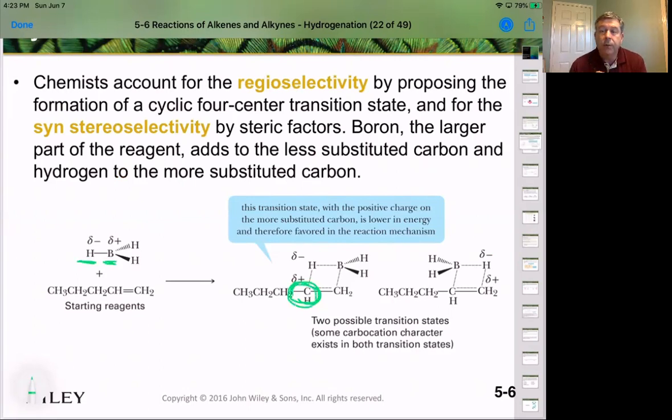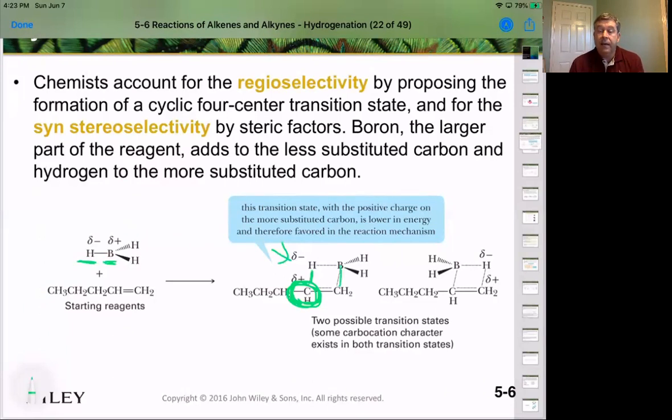When we start to form that carbocation, it's going to be on the more substituted side, meaning the more substituted end. So if we have that partial carbocation on this atom here, and the hydrogen is the more electronegative of the two atoms, it's going to bond to that. And because it's happening all at once in this kind of four-membered ring, they have to add on the same side.